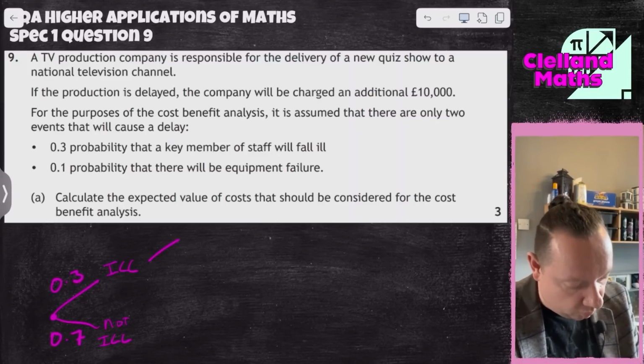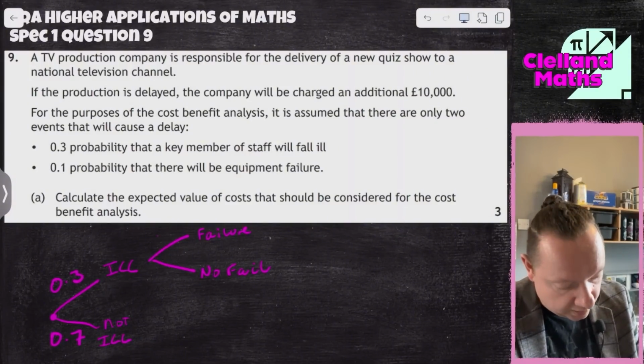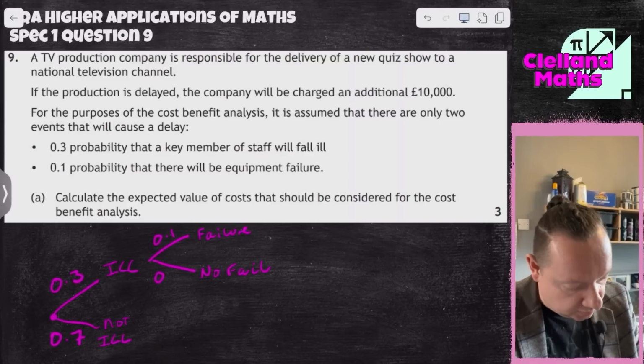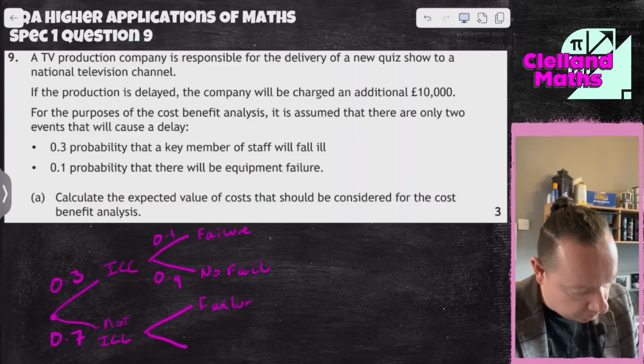And then going away again, I could have equipment failure, so failure, no fail. Equipment failure is 0.1, which adding up to 1 again gives you 0.9 here, and you'll have the same that way. So failure, no fail, 0.1, 0.9.